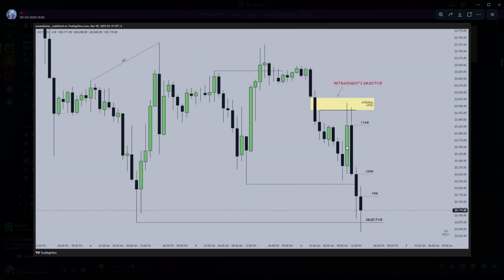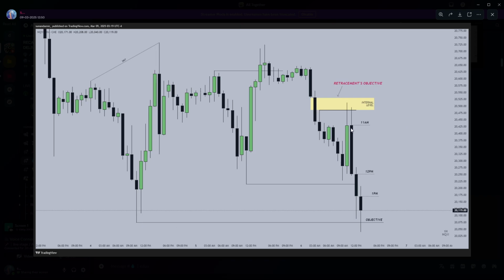You would then view this move higher, this green bullish candle on the hourly time frame, as a retracement. And from where do you frame retracement to expansion? From internal levels. Internal level being respected, price displacing away, you would then frame this expansion towards the objective.